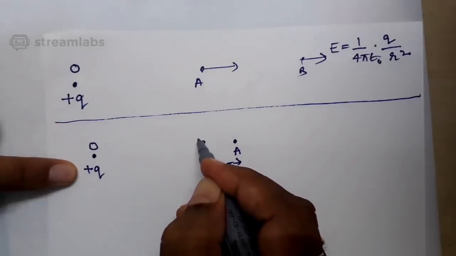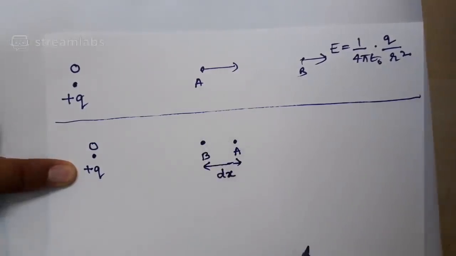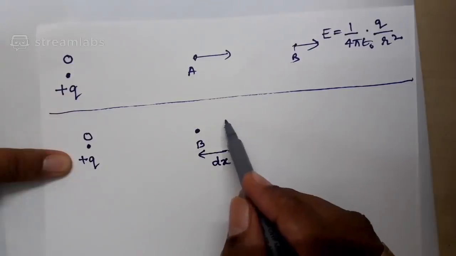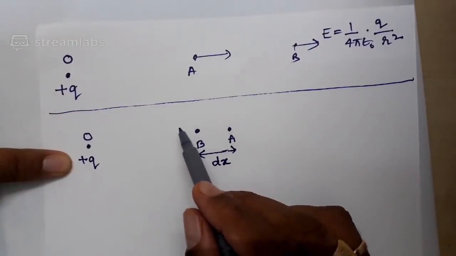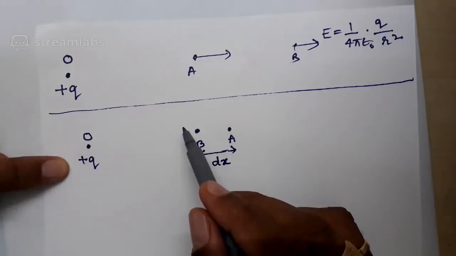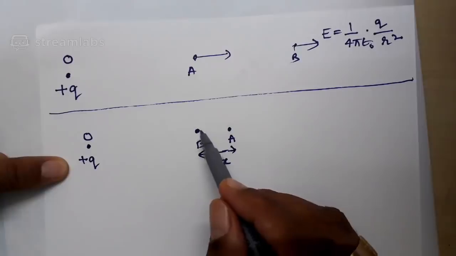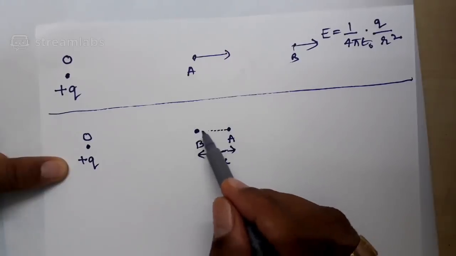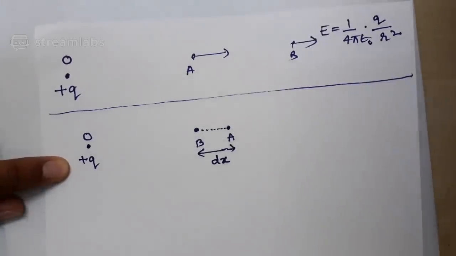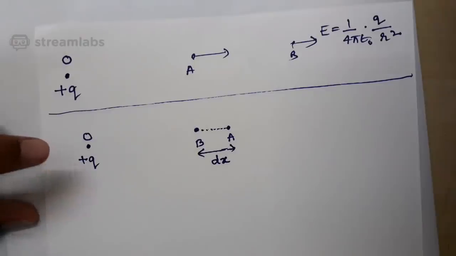When I said plus 1 coulomb charge assumed at A or at B will experience the same amount of electrostatic force by a plus Q charge, don't you think that if I assume a plus 1 coulomb charge anywhere between A and B, including A and B, it will experience the same amount of electrostatic force by a plus Q charge?